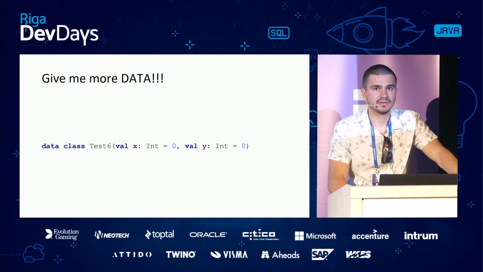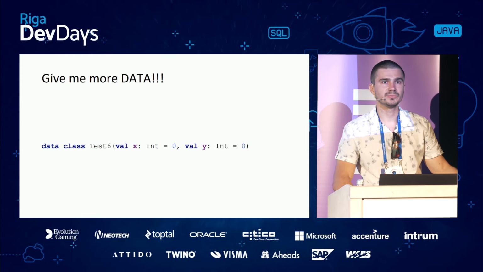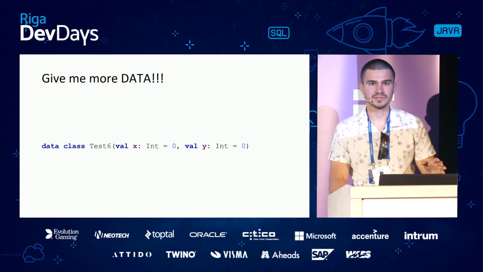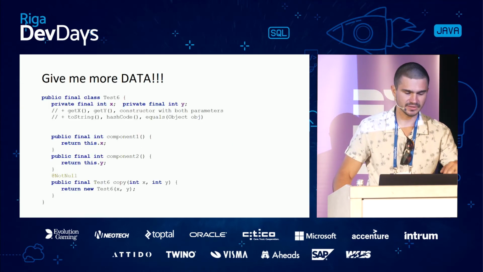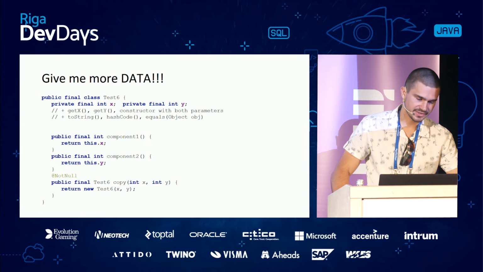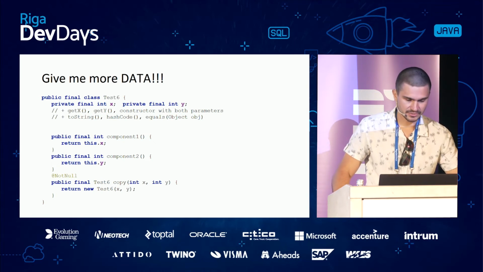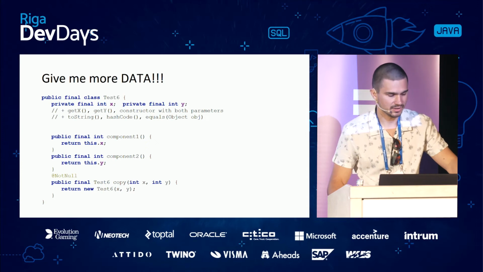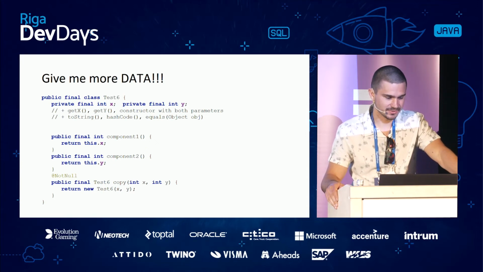Data classes are something like case classes in Scala, so they help you to create POJO types in a fast way. You just add the data keyword before the class declaration, and you will have all of the stuff. You will have all of your fields, getters, and setters in case you use var, not val. You will have a constructor with parameters. You will have the 3 basic methods of every Java programmer: toString, hashCode, equals.